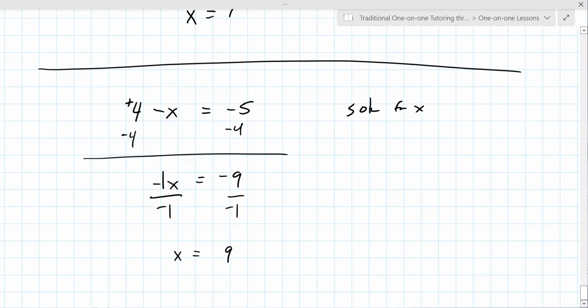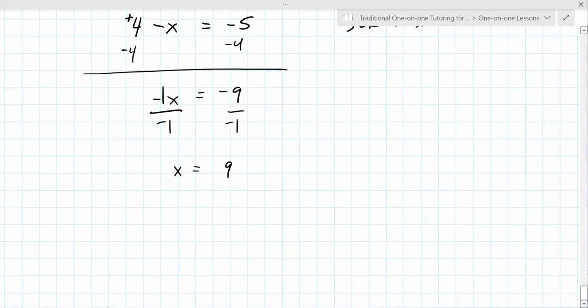Okay, let's try another one like this. Let's go 6 minus 2w equals -26. Let's try that. Go ahead and try solving this for w. Let me know if you have any questions.